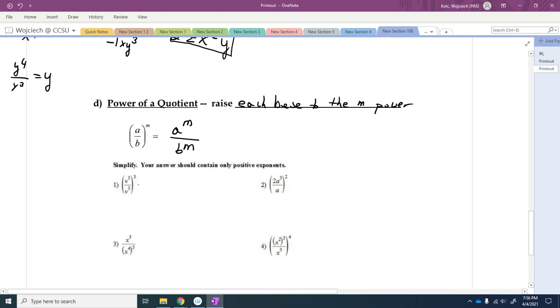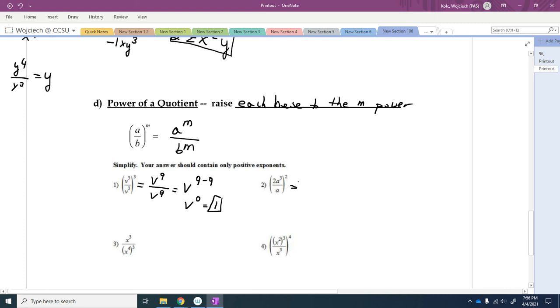Okay, so question number 1, you can think about v to the 9th over v to the 9th. Since I have the same base, I can do v to the 9 minus 9, which is v to the 0, which is equal to 1, because any number to the 0 power is equal to 1.